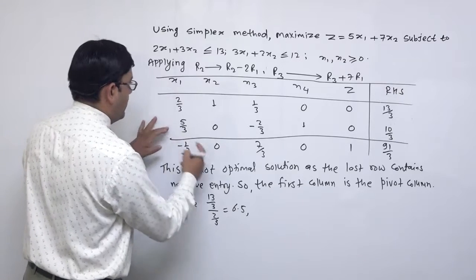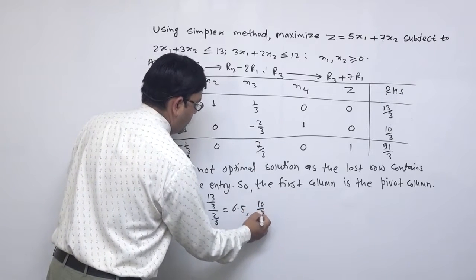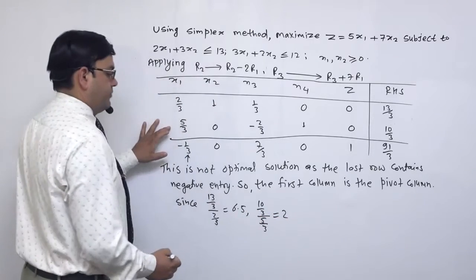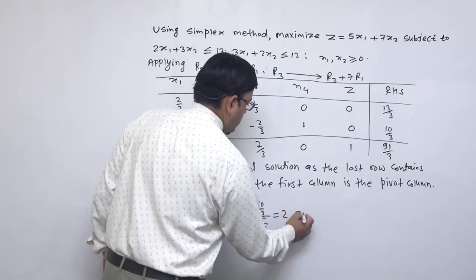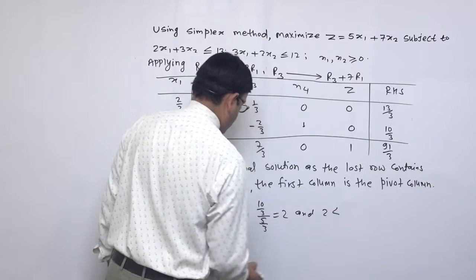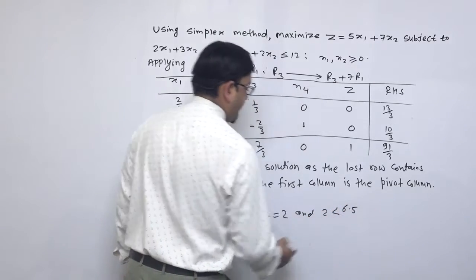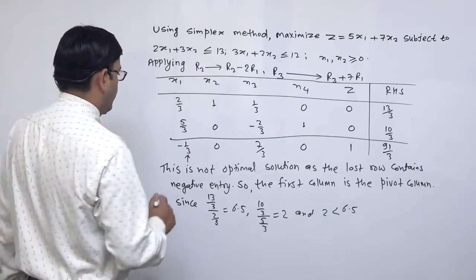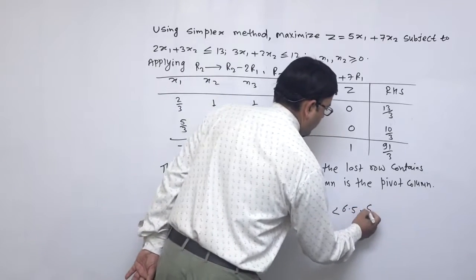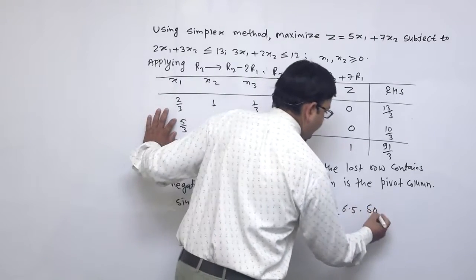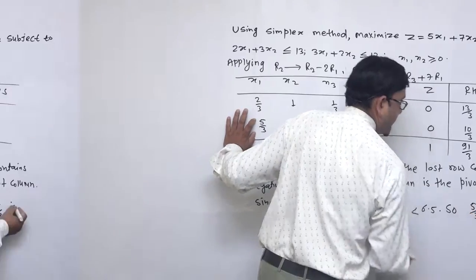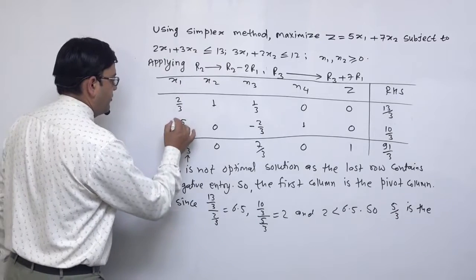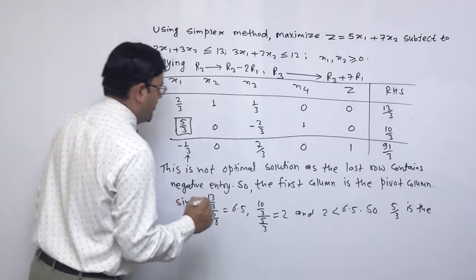Comma, the next one is 10/3 divided by 5/3, 3 cancel and it comes 2, and 2 is smaller than 6.5. So we have 5/3, this 5/3 we have here, this one is the pivot element.